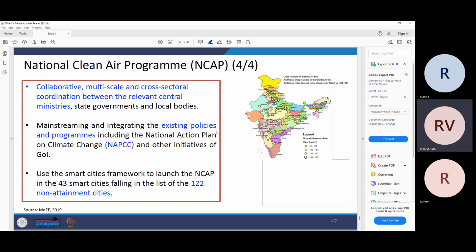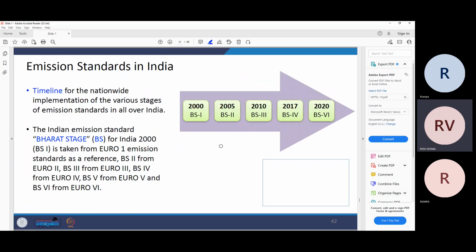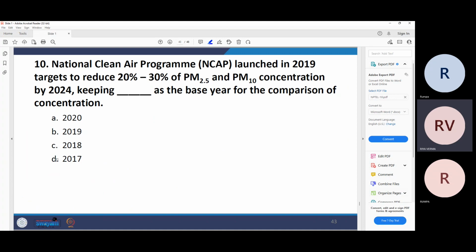For the cities that are described as non-attainment cities, we have taken the smart cities framework, and NCAP is launched there to formulate guidelines in such a way that these non-attainment cities can be converted into attained cities, and the pollution levels are within the permissible limits in these areas. So the base year is 2017 for this question. The base year will be 2017.